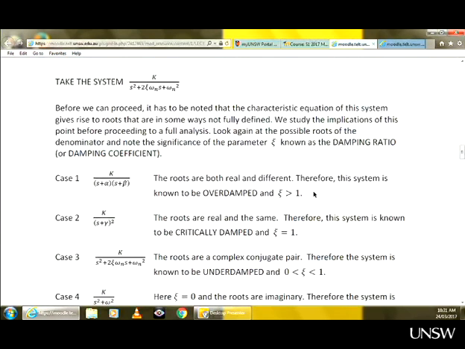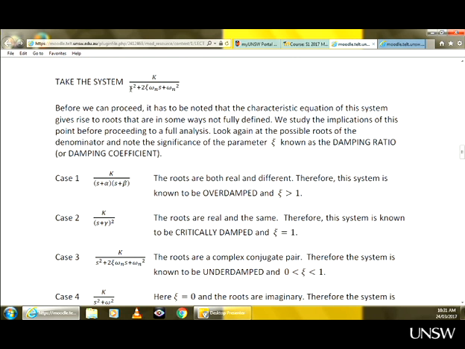Okay, second order system is a more complicated case, because depending on the values of the coefficients in the denominator, we may or may not be able to factorize this characteristic polynomial. So we'll cover 4 cases. One is case 1, when we have 2 real and different roots.